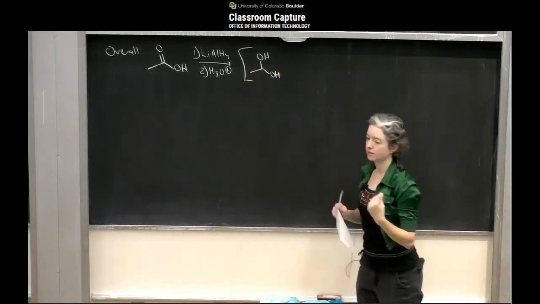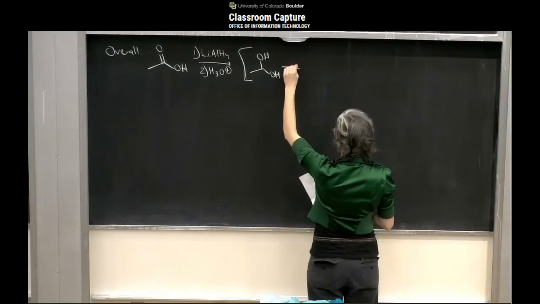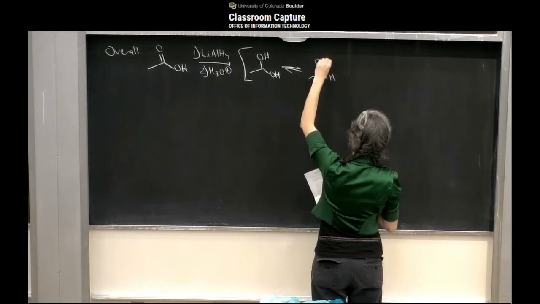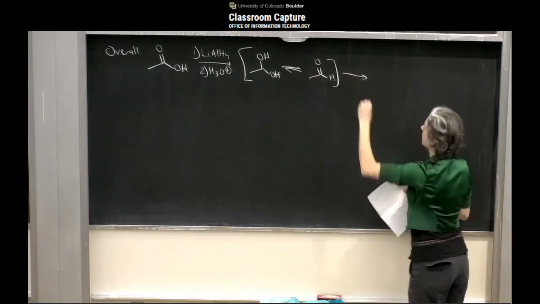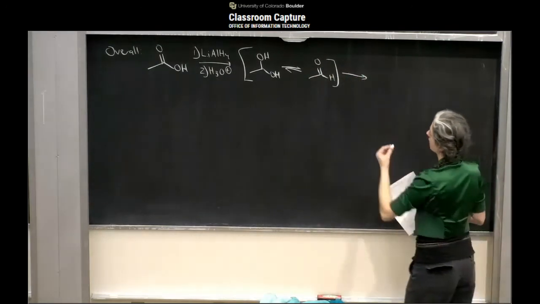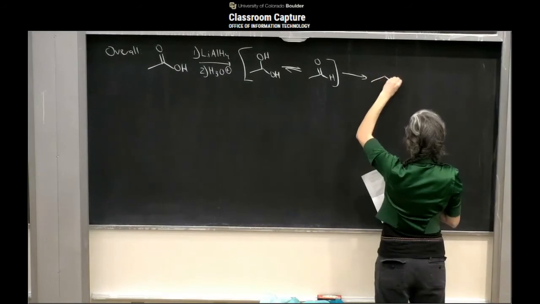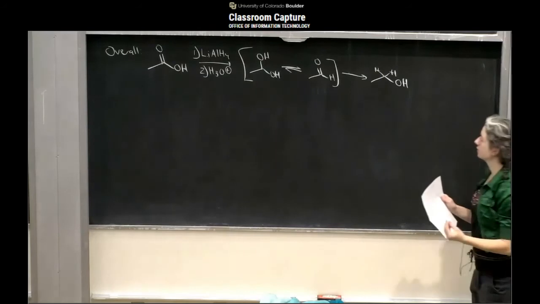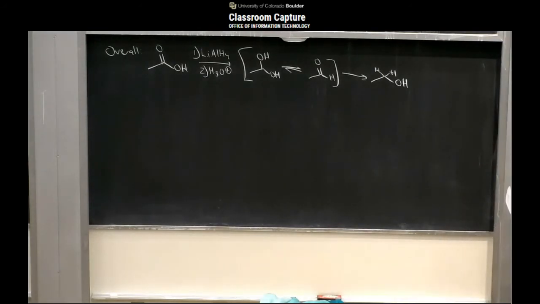You get this diol looking thing, which we know can go to an aldehyde, and then immediately that's going to get reduced again to just a primary alcohol. All right, so lithium aluminum hydride is going to take this thing down all the way to the 1 bond to oxygen state, even though we started at 3 bonds to O.